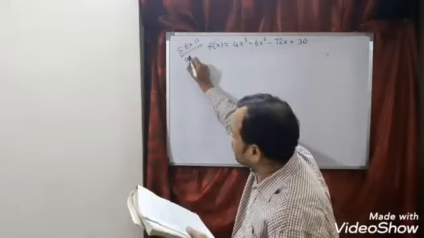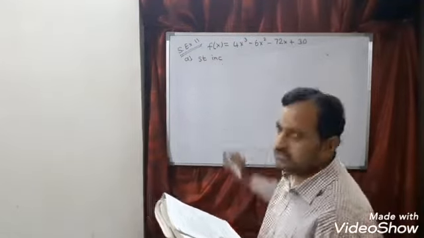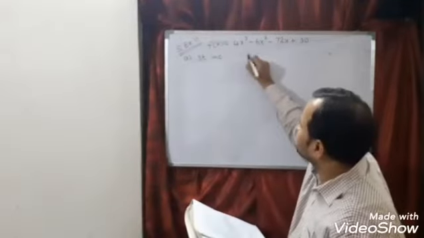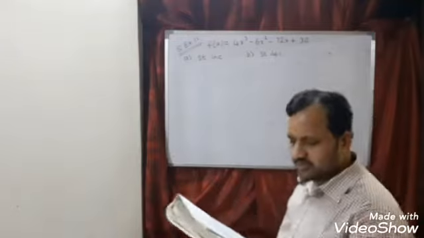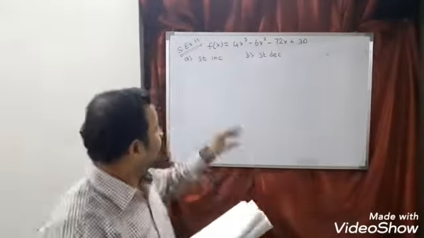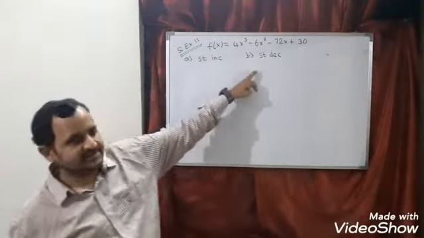First part of the question is strictly increasing and second part of the question is strictly decreasing. We have to find the interval of increasing as well as interval of decreasing.